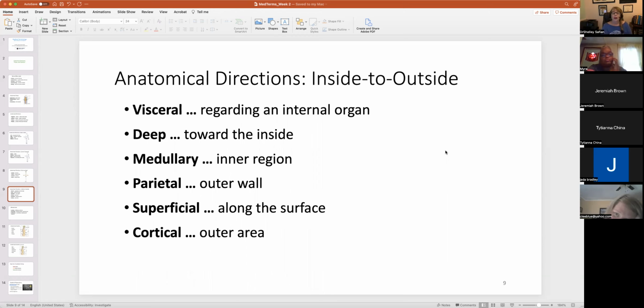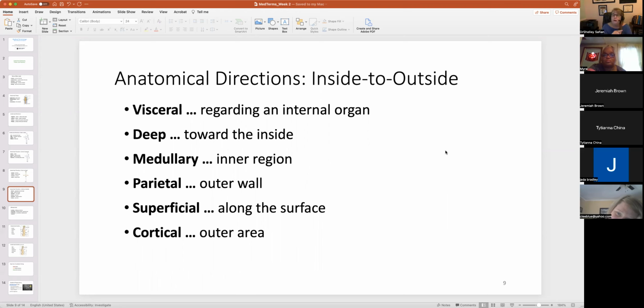All right. Parietal is the outer wall of the body. Superficial is on the outside, on the surface. And outer area is going to be the cortical area. Now, superficial and cortical, you might believe is something external to the body, like a mole might be superficial, meaning it's not going into the deeper layers of the skin, or a lesion.